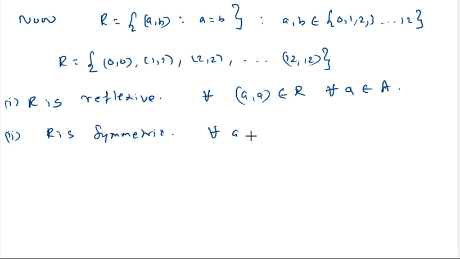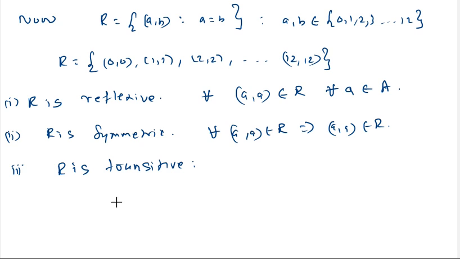For every A comma A belonging to R, its reverse A comma A also belongs to R. And the third one, R is transitive.